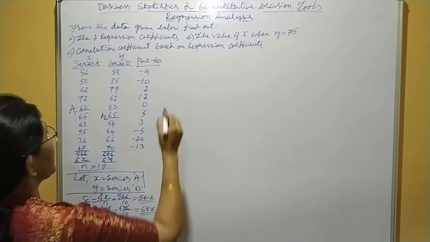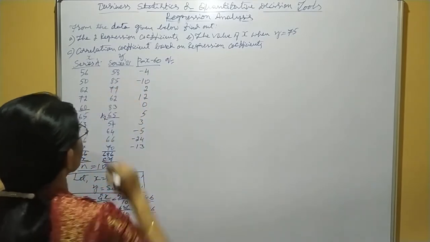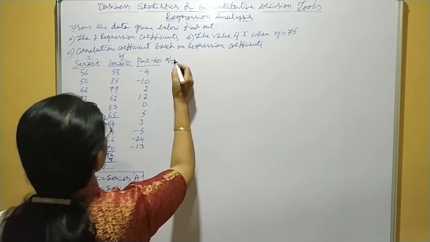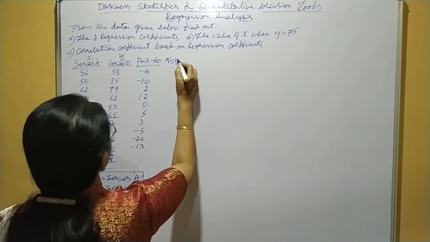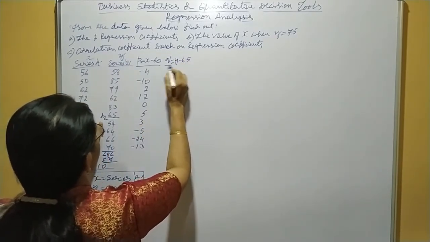Okay. Now next take Q, that is deviation of variable y. Q equals y minus A2. A2 is how much? 65.